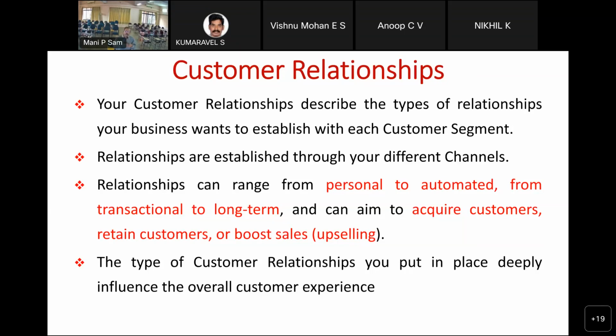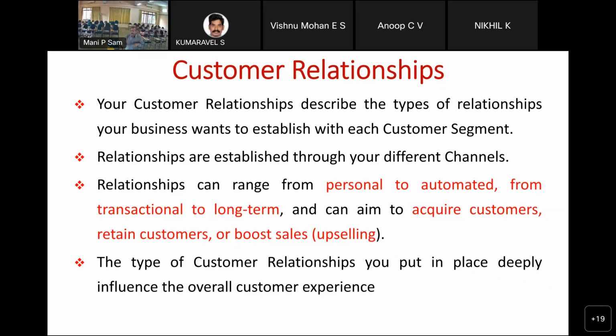So it can be different kinds of relationships through the different channels you have. All the channels of distribution I talked about will allow you to enhance your customer relationship. It can be personal or automated. It can be just transactional, because everybody comes, buys and goes away.